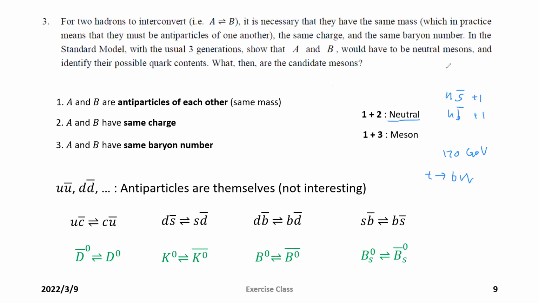Because a quark has a charge of 2/3, and the anti-quark has a charge of -1/3, so if we add the charge of U and S bar, they will have a charge of +1.